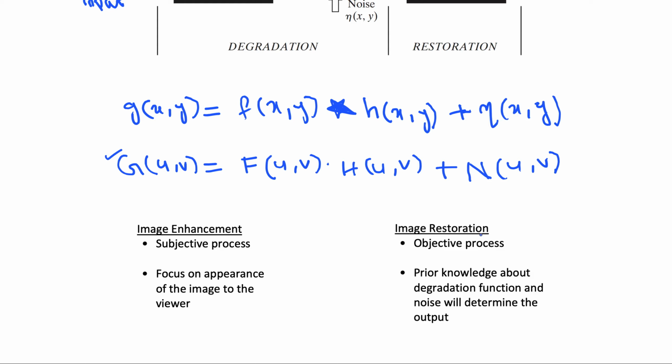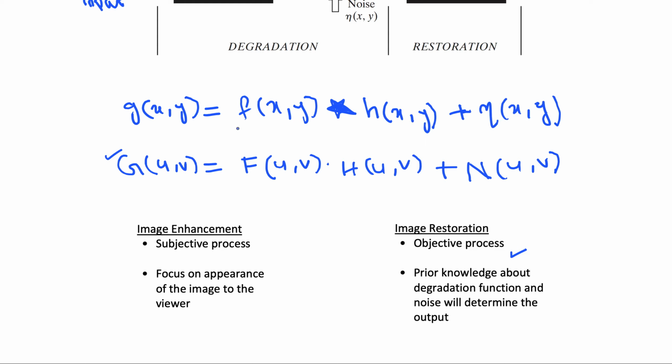But in the case of image restoration, it is actually an objective process. We can actually quantify whether the image restoration is better or not. We also need some prior knowledge about the degradation function and the noise. That is, the prior knowledge about the degradation function and noise will determine the output.